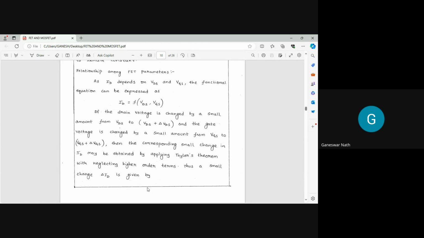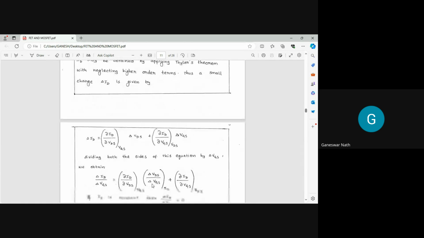Thus, a small change delta ID is given by delta ID equals del ID by del VDS at constant VGS into delta VDS, plus del ID by del VGS into delta VGS. Now, if I divide both sides by delta VGS, that means delta ID by delta VGS is equal to delta ID by delta VDS into delta VDS by delta VGS.